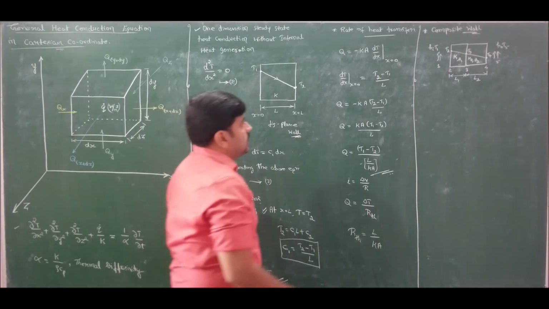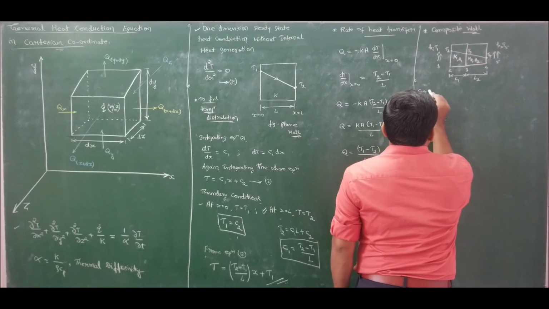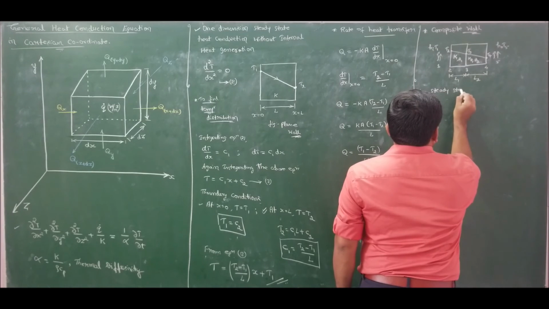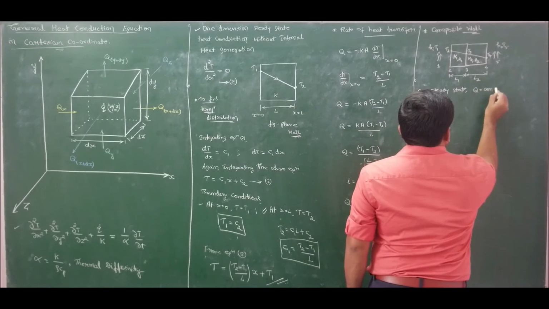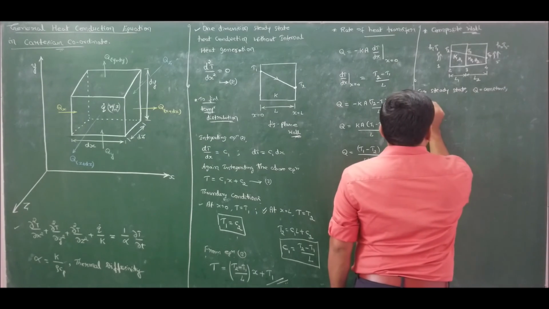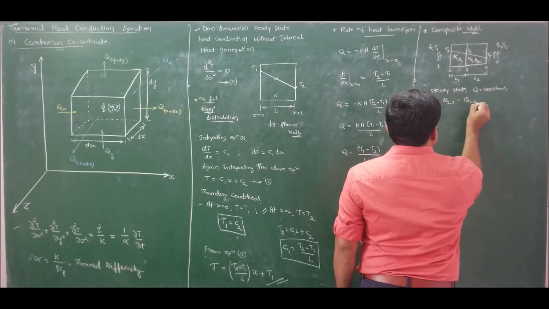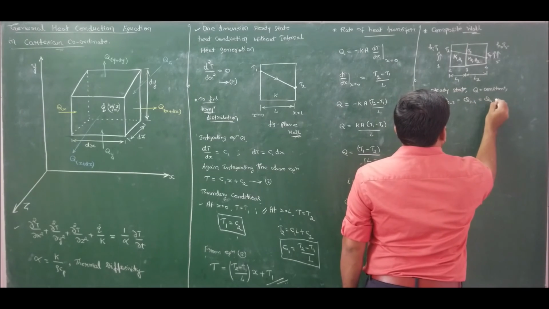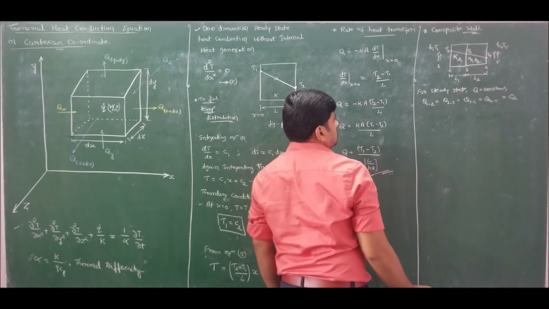Now for steady state, Q is constant, that is Q1 to 2 is equal to Q2 to 3 is equal to Q3 to 4, which is equal to Q4 to 5, all equal to Q for steady state.